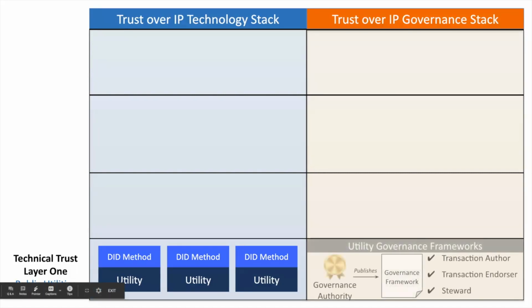Now that takes us to the other half there. It's what we call utility governance frameworks. If you're running a public permissioned chain of Hyperledger Indy, then you explicitly have a set of roles, the 3 roles defined in the Indy code. A steward is a trusted institution that runs a node.